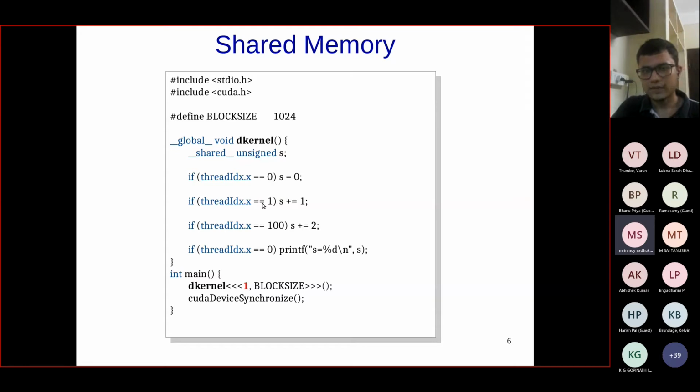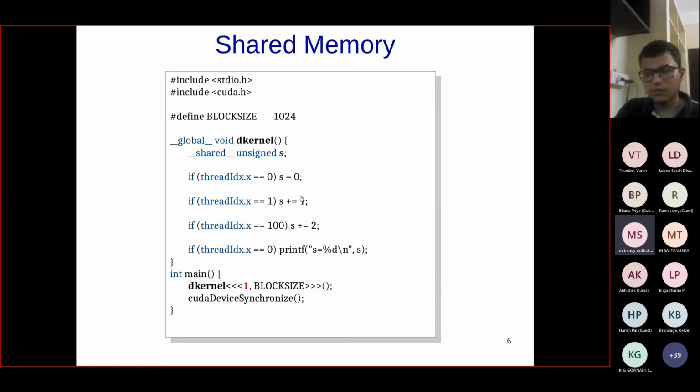Thread 0 and 1 are in one warp and thread 100 is in another warp. So it might happen that when thread 0 was initializing this s value to 0, that statement was successful. So the shared variable s now has value 0.